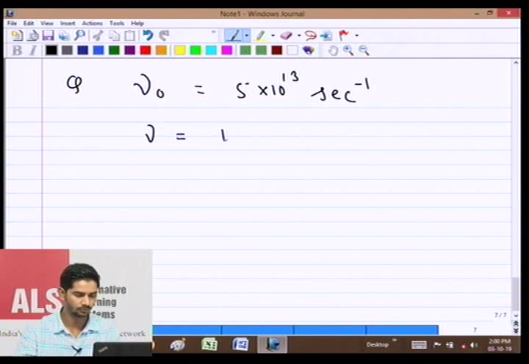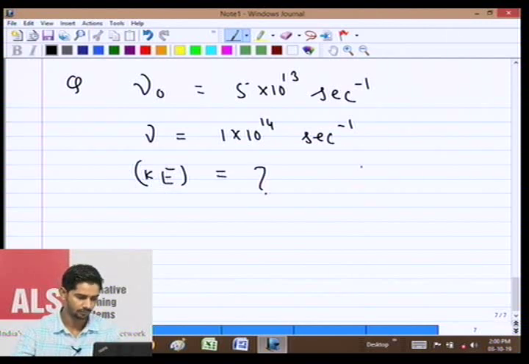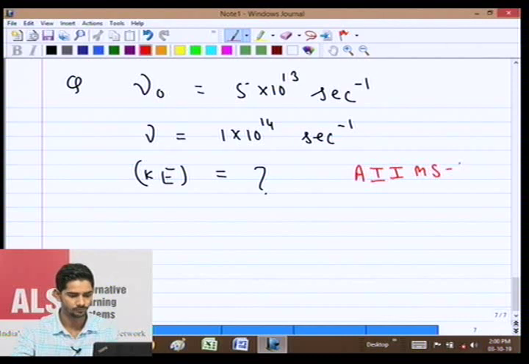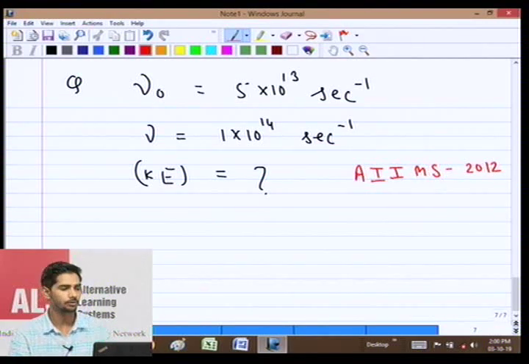Nu is 1 into 10 to the power 14 second inverse. We have to calculate the kinetic energy. This is the question asked in your AIIMS 2012. Please solve this question.